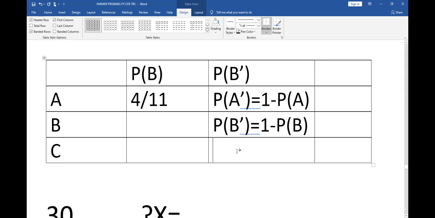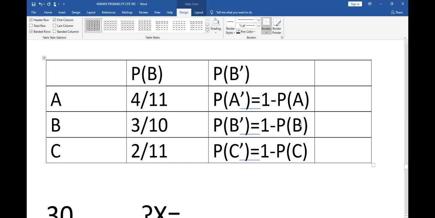And finally, the probability of machine C not breaking is equal to 1 minus the probability of machine C breaking. B breaking is 3 over 10. C breaking is 2 over 11.